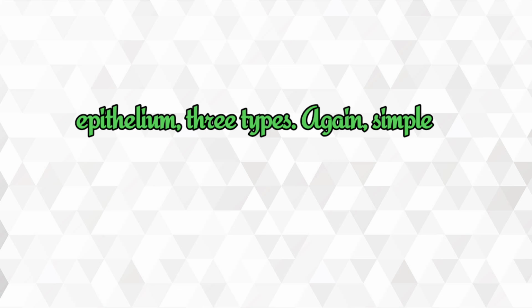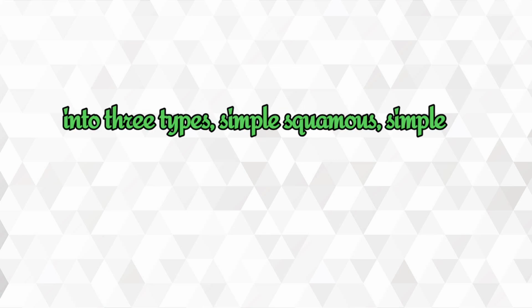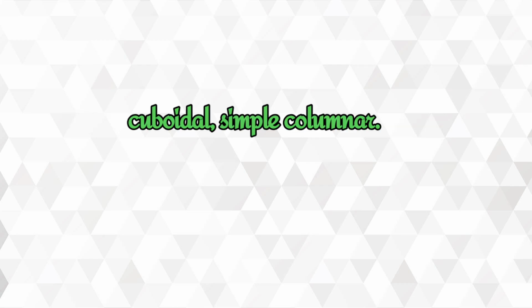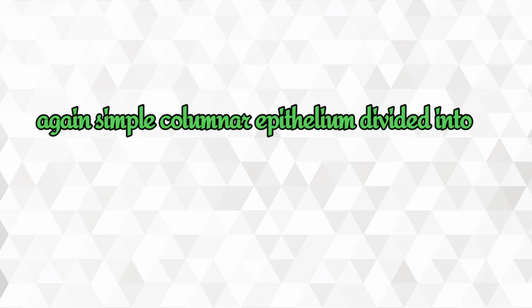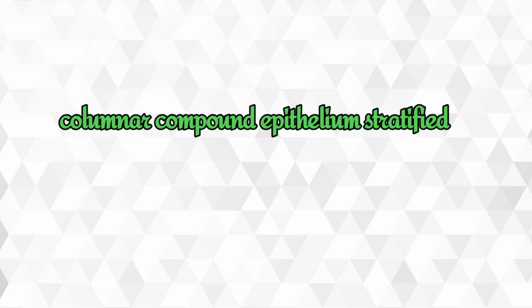Simple epithelium is divided into three types: simple squamous, simple cuboidal, simple columnar. Simple columnar epithelium is divided into ciliated columnar and non-ciliated columnar. Compound epithelium, stratified epithelium, has four functions.